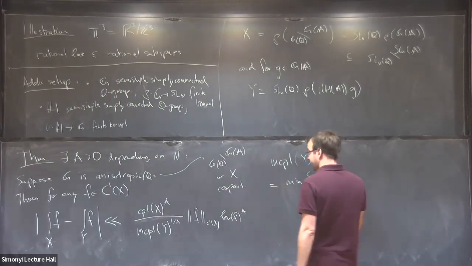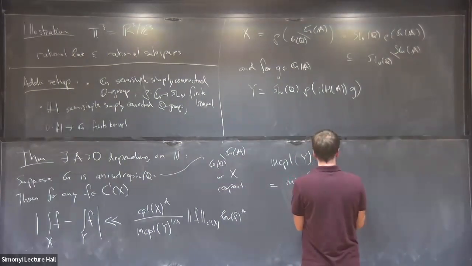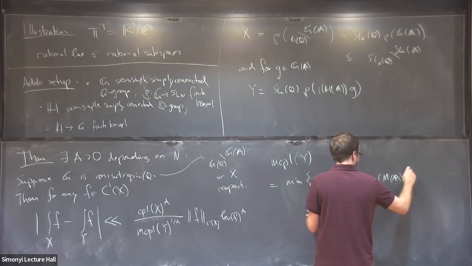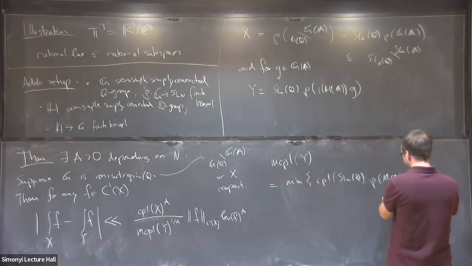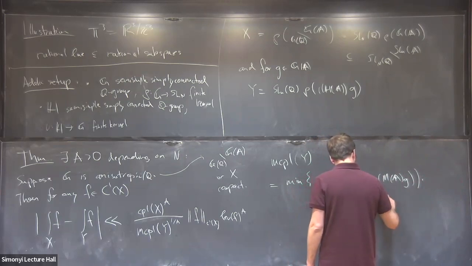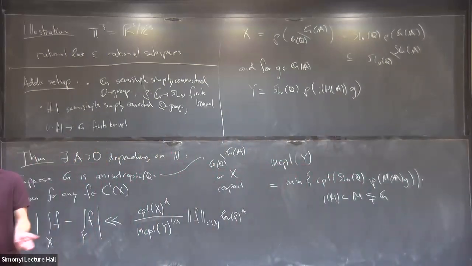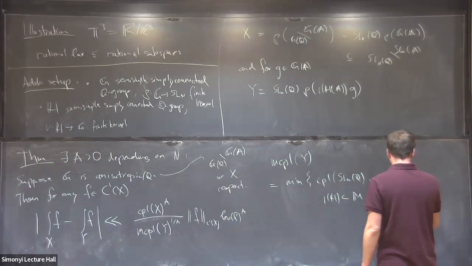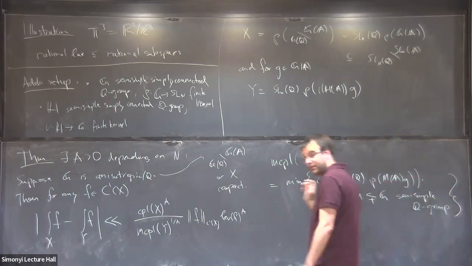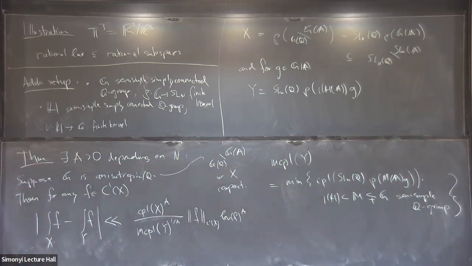So I am taking a complexity like this, where M here is just an intermediate group between H and G. Here again, I could take the Lie algebra of M and take its height inside.